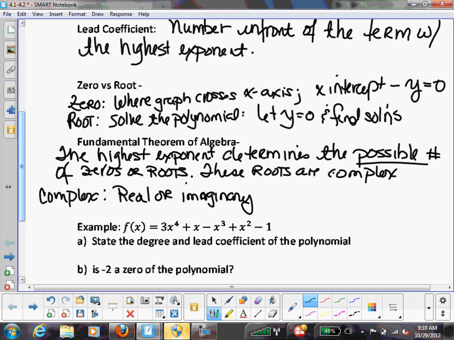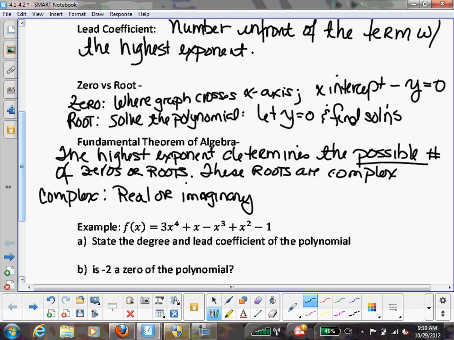Can we graph imaginary roots, solutions or zeros on our coordinate graph? No, we can only graph real values, but that doesn't mean there aren't other solutions out there.